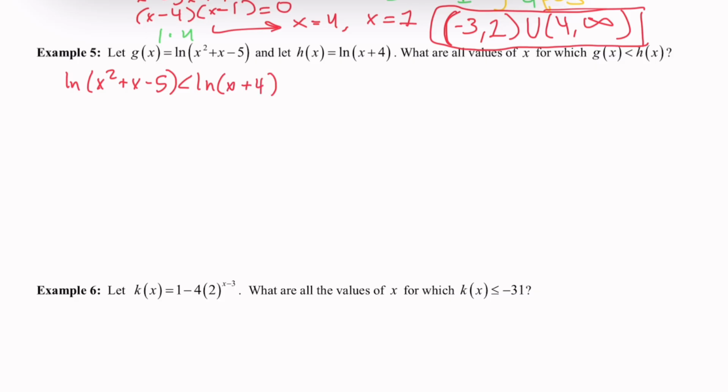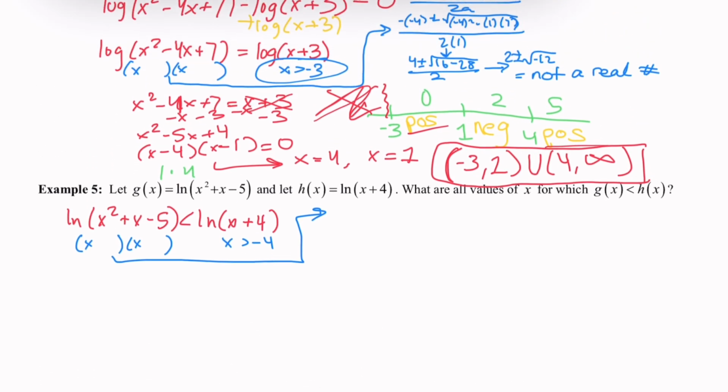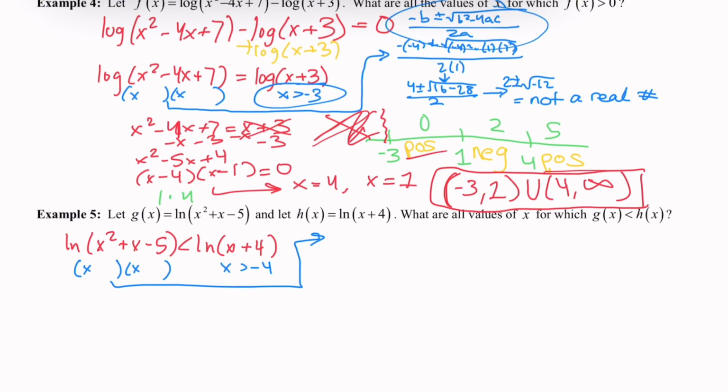Let's solve for our domains. So change it to blue here. This would be x. Looks like this one, I have to use the quadratic, so I'm going to do this first. X is greater than negative 4. So let's move this over and use the quadratic formula. Here you can reference up here for the quadratic formula, but I'm not going to write it again, so I'm going to write it down with the values inside.